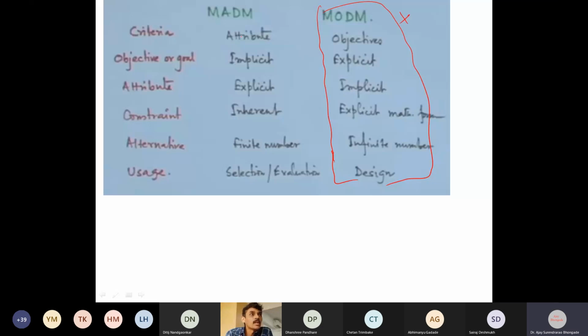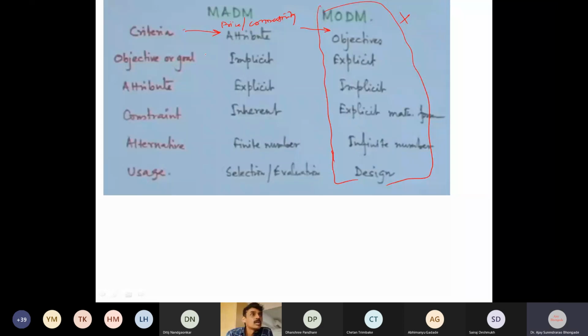Now if you compare with MADM, the criteria is the attribute. In this case, the criteria is the objective itself, and we can have multiple objectives there. Here the criteria could be either price or connectivity, so again you have to see what weight has to be given to that price or connectivity.